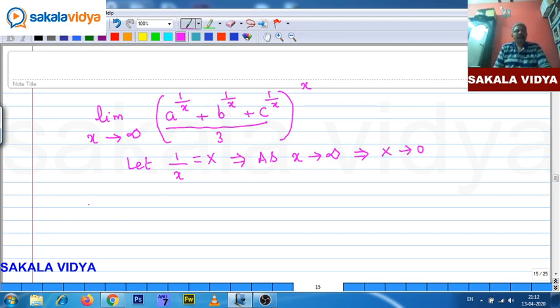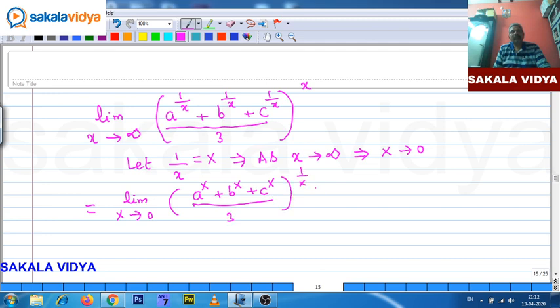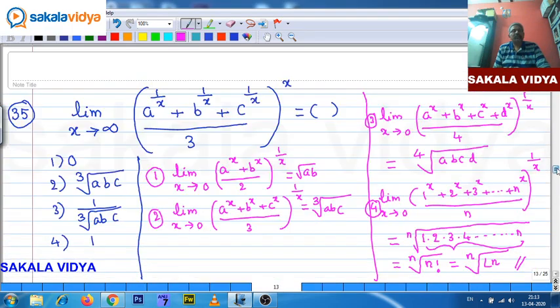We can write it as limit capital X tends to 0 of ((a power capital X plus b power capital X plus c power capital X) upon 3), and this small x we can write as 1 by capital X. Already we have discussed, this is cube root of abc. That's the answer. So here the option is the second option. Understood now? It's a very important problem we have discussed here.